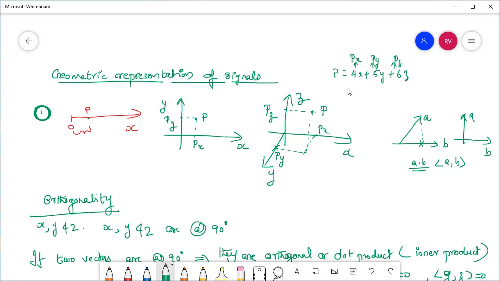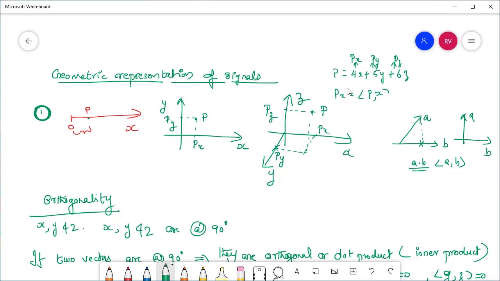Now to find px, from this equation you can note that it is 4, but analytically how you find it is you simply find the inner product between p and x.